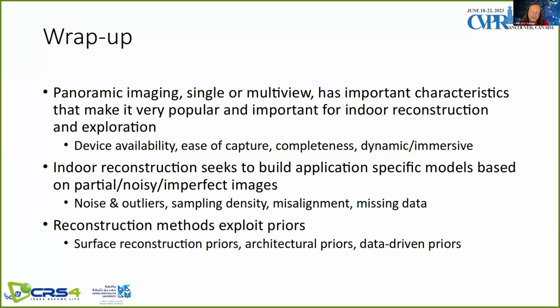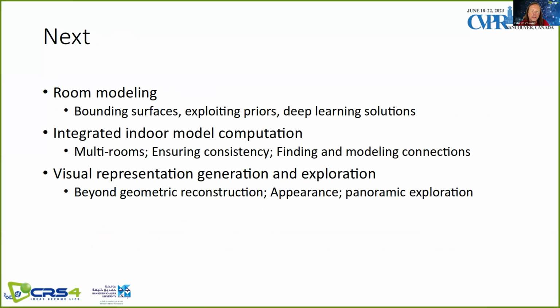The various techniques that have been developed differ basically in the priors that are used, and that limits their applicability, and also in the way the priors are exploited to build the models.